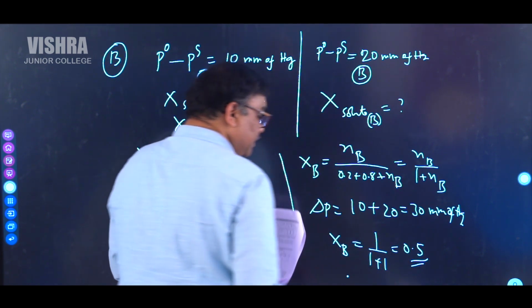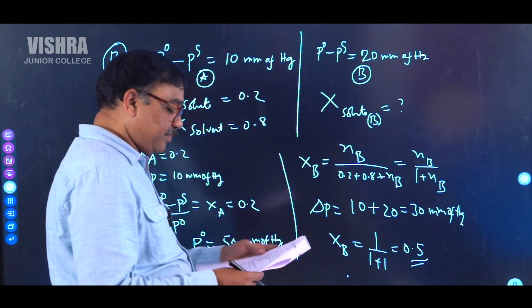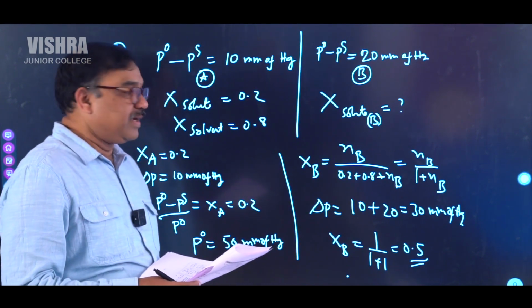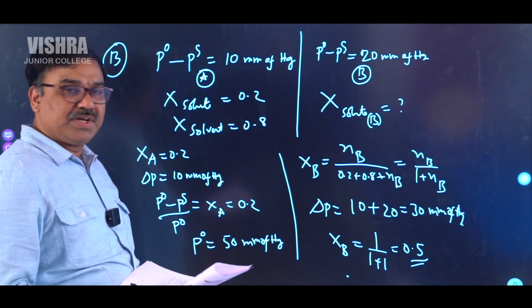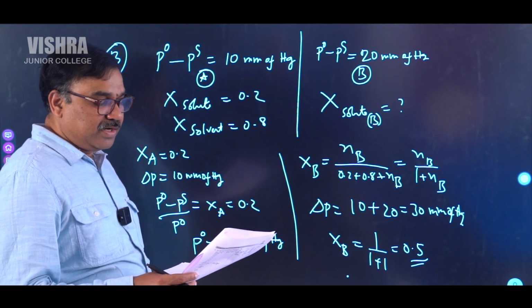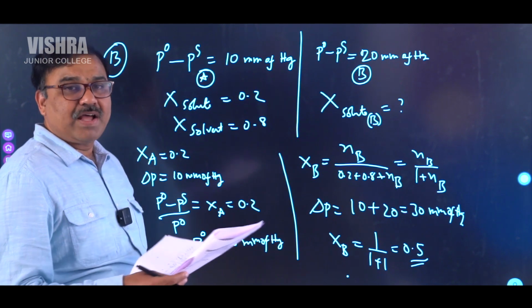So that's how we will do the problem. Very easy and simple, but calculation we have to do properly. This is question number 13 based on relative lowering in vapor pressure.